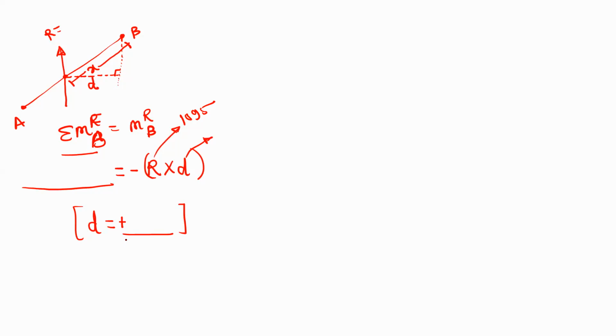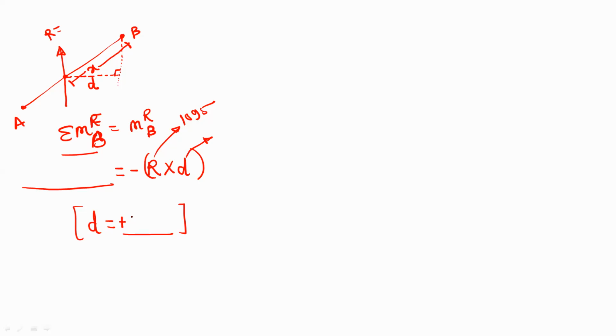So just verify this answer, whether you have got the same answer. Okay. So try to complete this part, do the calculation and just find out the value of d.